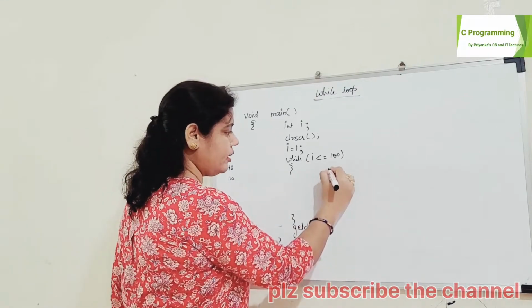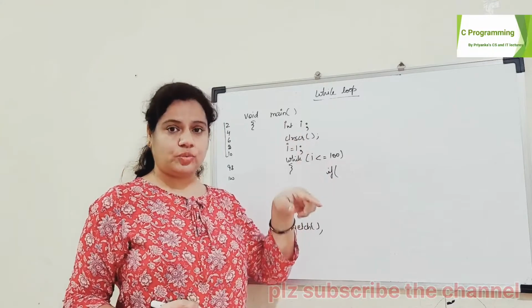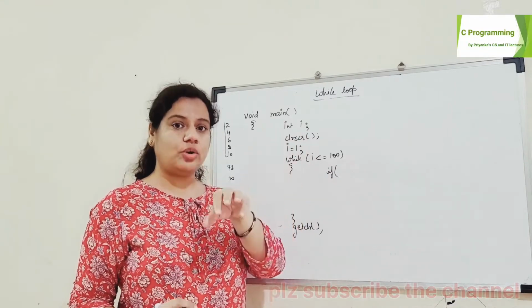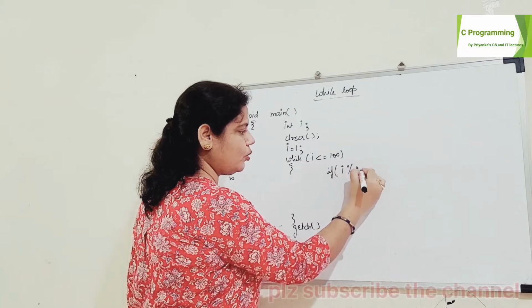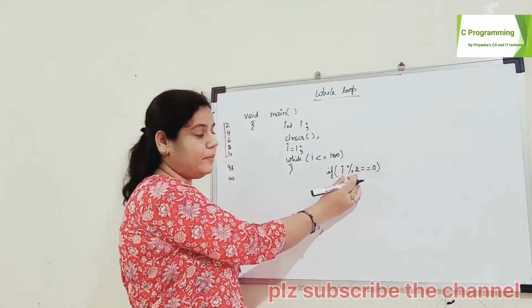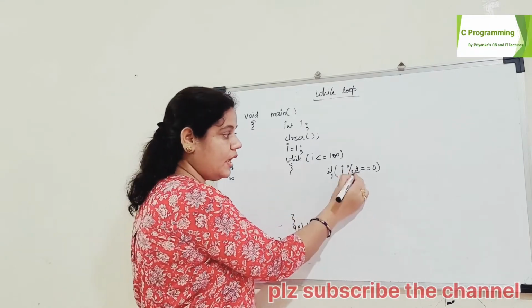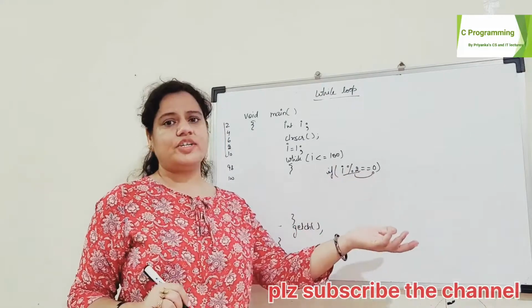Now I need to check: I divided by 2, and the remainder is 0. If I mod 2 equals 0, whatever the result of this statement, whether it is equal to 0 or not, it will return obviously true or false.